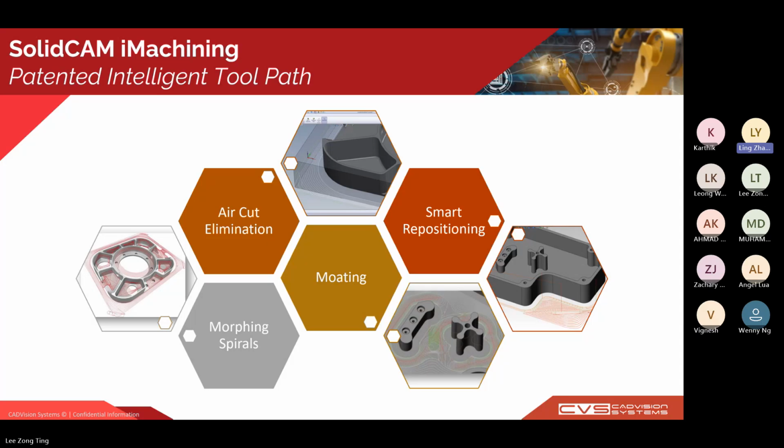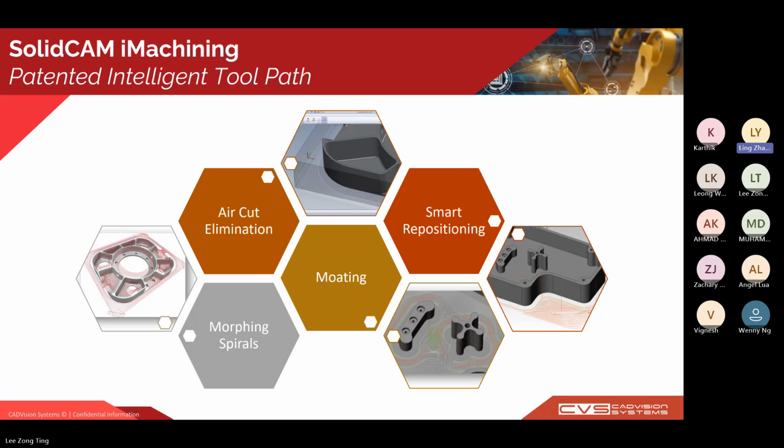And third great thing about iMachining toolpath is basically air cut elimination. So just now during my previous slides, I did mention that SolidCAM utilizes SolidWorks to define stock and target material. And the benefit of this is that it will dynamically compute the remaining material that should be removed within this operation.